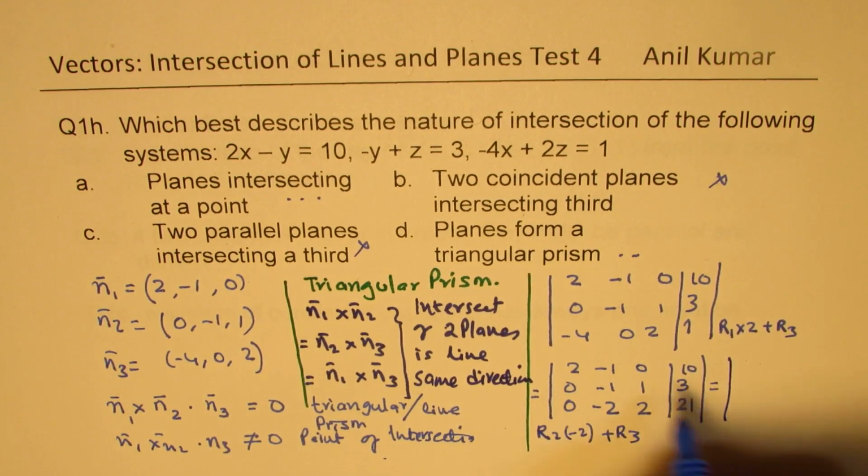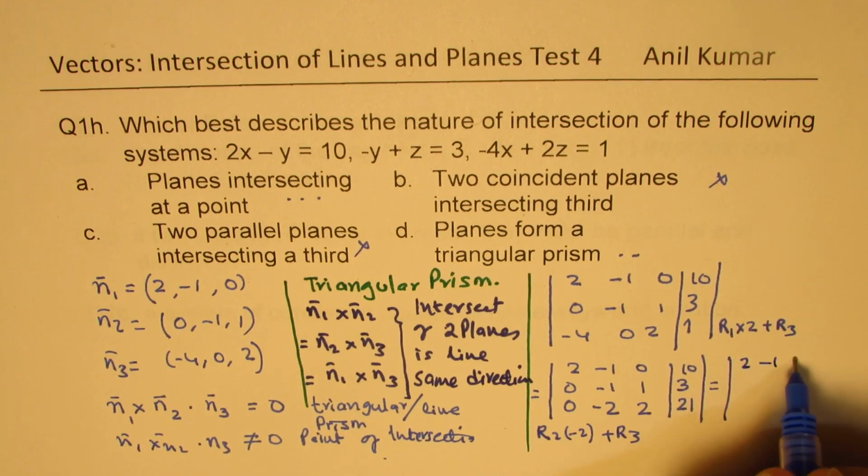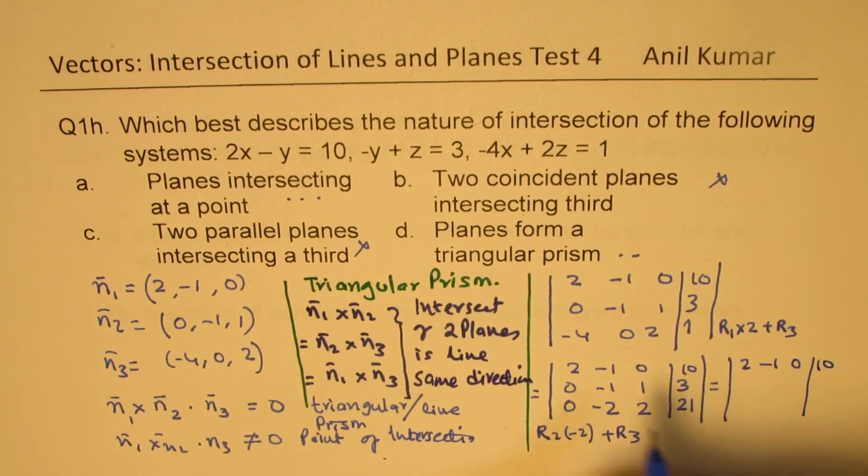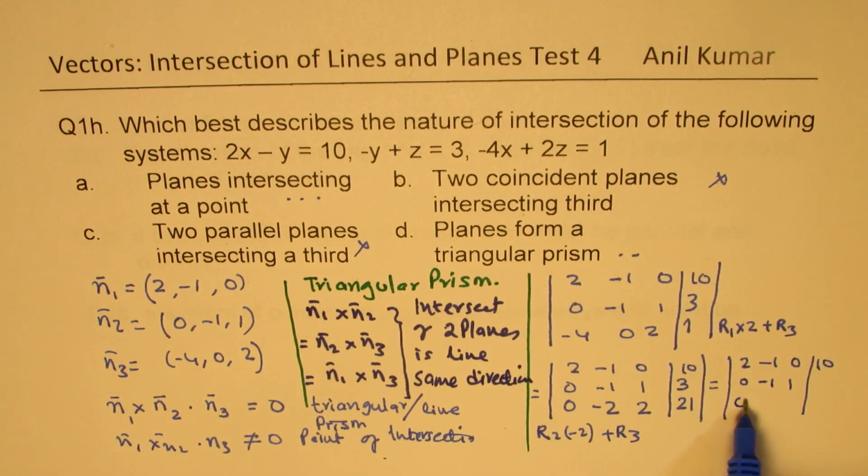So what we get here is 2, minus 1, 0. Here we have 10. Let's leave this as 1. And that is 0. Minus 2 makes it plus 2. When you add, you get 0. Minus 2 makes it minus 2, and you get 0 here also. Minus 2 makes it minus 6. And when you take away from 21, you get 15.